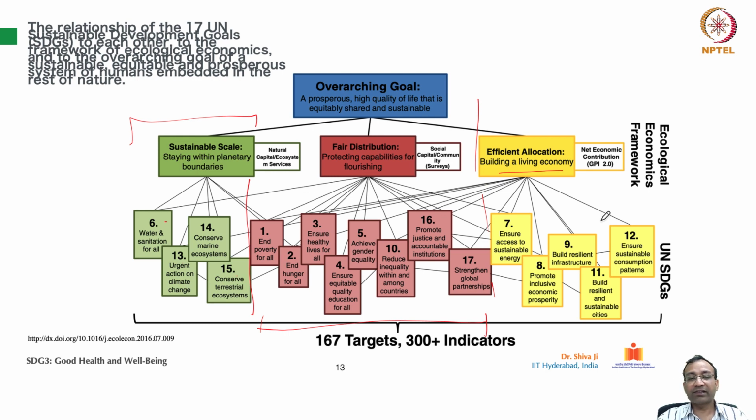Okay, so these are the SDGs at the bottom on this side, and these are the ecological economics frameworks. Okay, so 3, 1, 2, 3. This one talks about natural capital, ecosystem services, this one talks about social capital, community services, and net economic contribution, GPI. Under this, which are directly related, indirectly related, you can see over here.